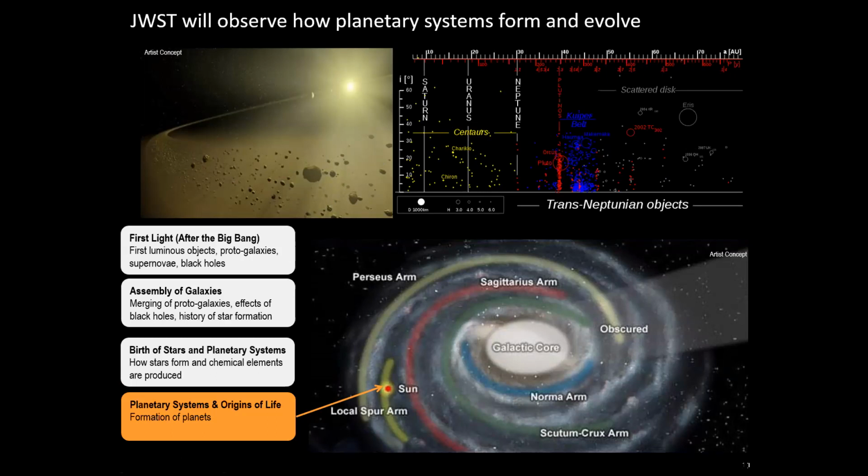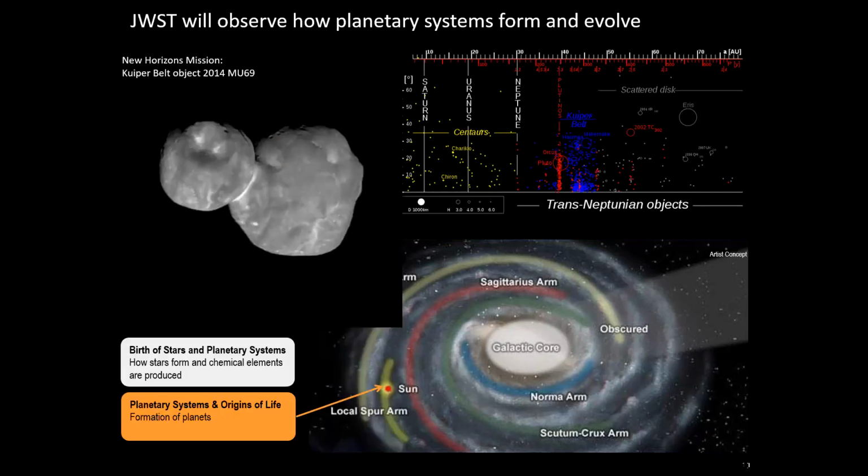And we've put special non-sidereal tracking capability into the JWST to enable it to observe these Kuiper belt objects and the planets of our own solar system.